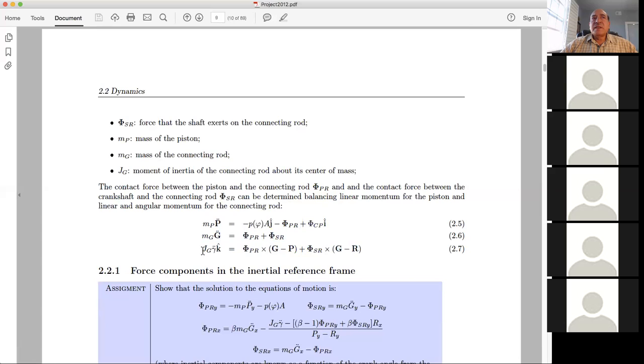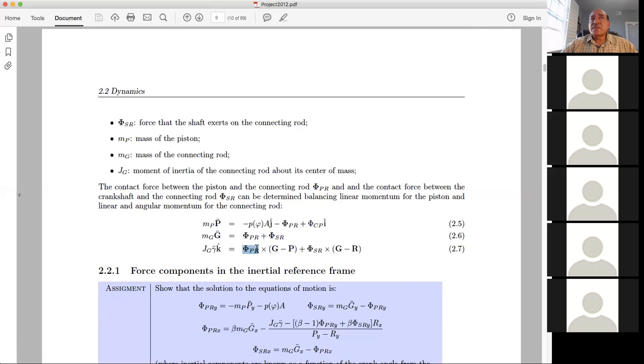Angular momentum is the polar moment of the connecting rod times its angular acceleration in the k direction. K is out of plane, and this is equal to the moments that are applied on the rod, which is the cross product of the force from the piston on the rod times the arm length.